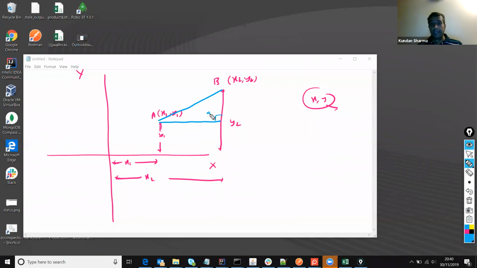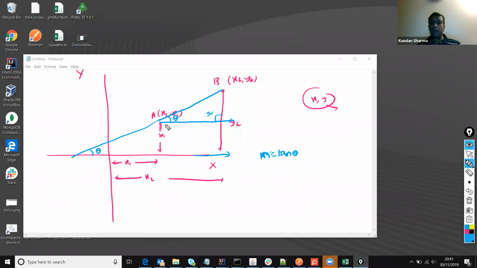So this will be 90 degrees, and if this line is making an angle theta, then the slope is what we have studied just now: slope m is equal to tan theta. Because this x-axis and this line both are parallel, if this angle is theta, this angle will also be theta. Is it clear, Agrima? Okay.